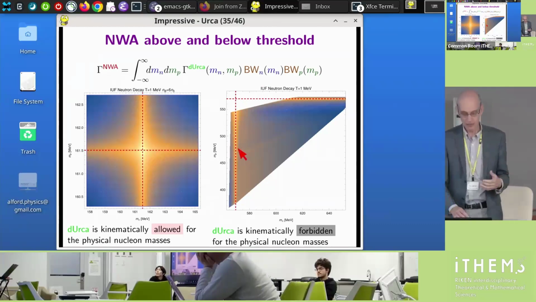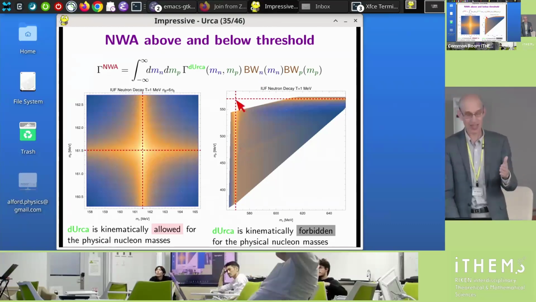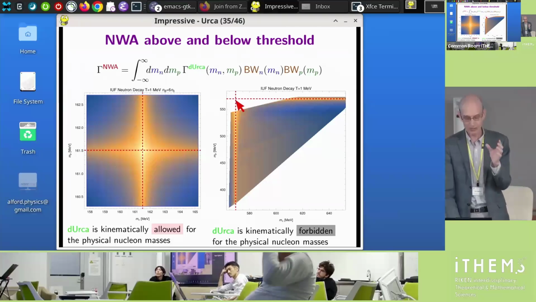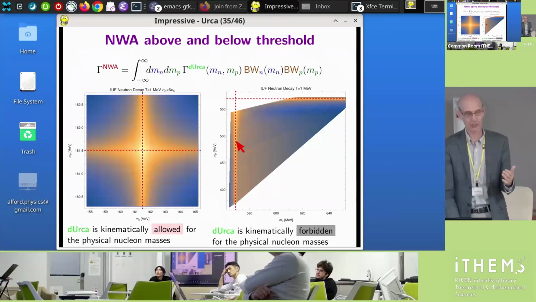You're finding that the process isn't allowed if you neglect the widths, okay? That's the sharp death of direct Urca. But if you allow a little bit of width in the neutron and proton dispersion relations, you find that down in the tail of the Breit-Wigner, somewhat suppressed, but not 0, there are some masses for which direct Urca is now kinematically allowed. Changing the mass changes the Fermi momentum, changes those kinematic relations.